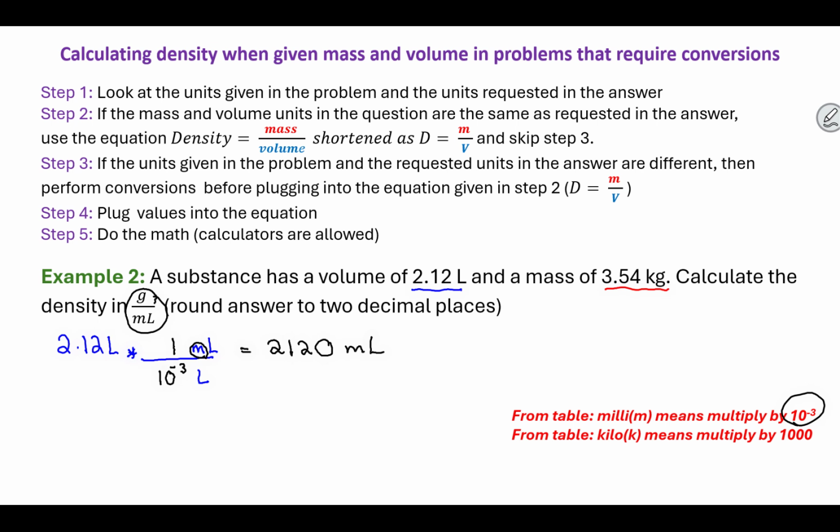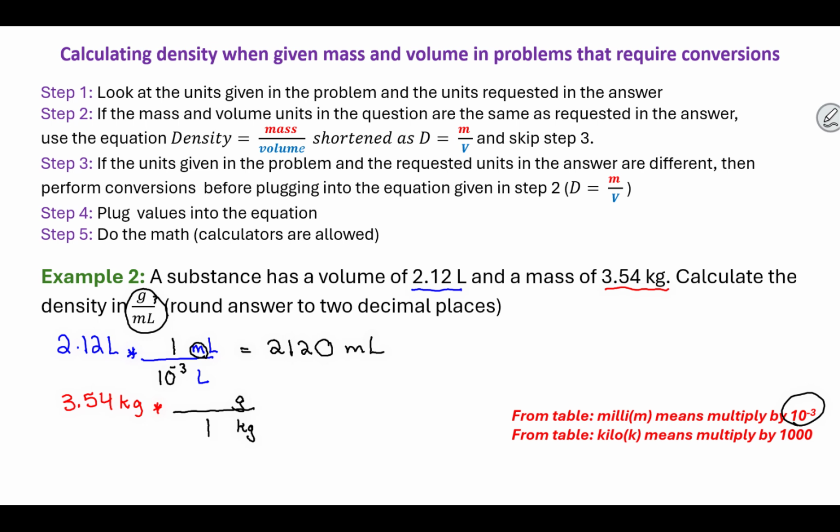Okay, let's go convert our mass. So we're going to start with our given 3.54 kilograms. And we want to set up our conversion factor. We want kilograms to cancel, so it goes on the bottom. And our needed unit is grams, so grams goes on the top. And then we're just going to enter our values into our conversion factor. And we always put a 1 in front of that prefixed unit.